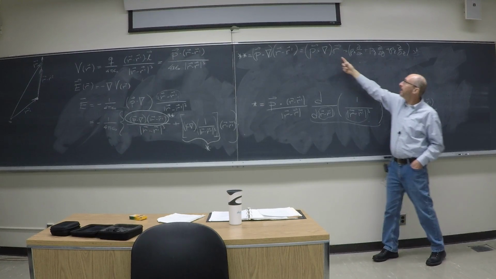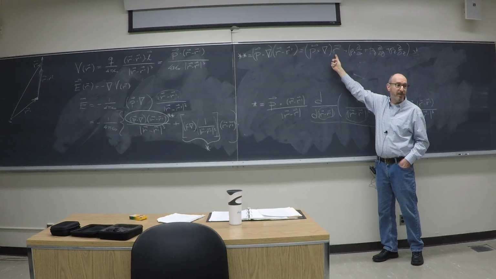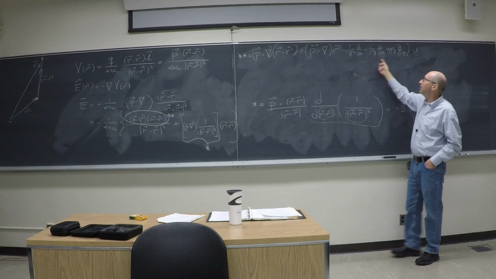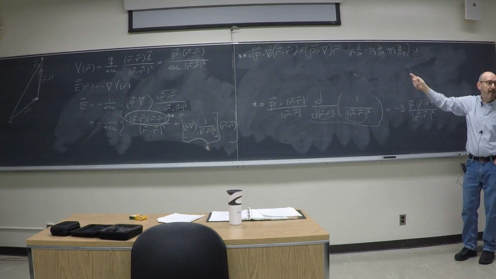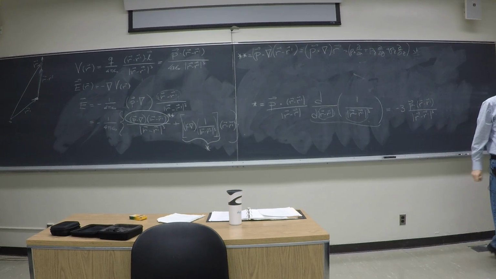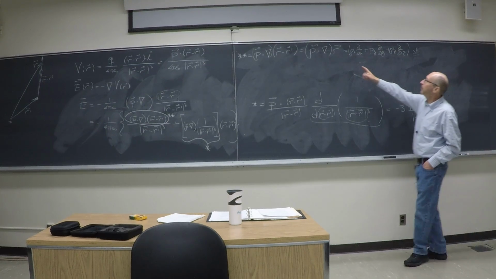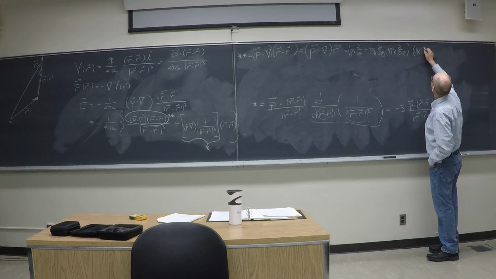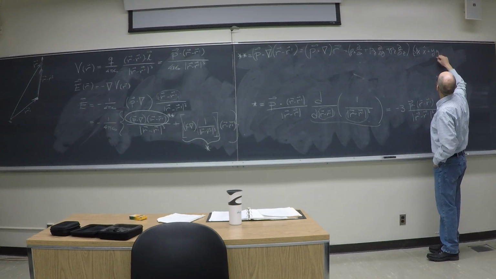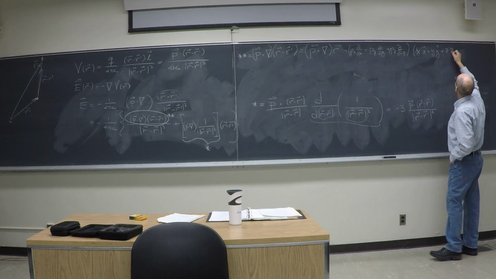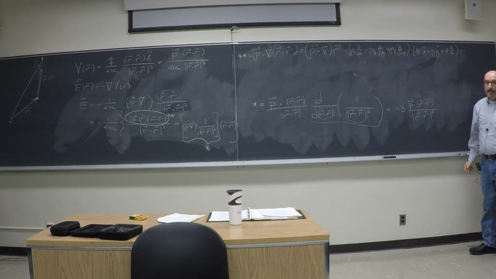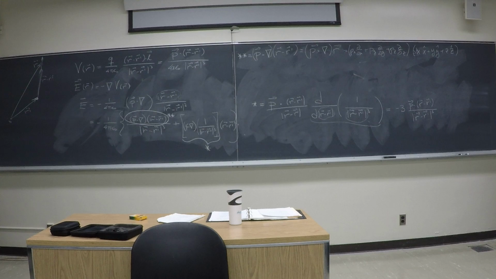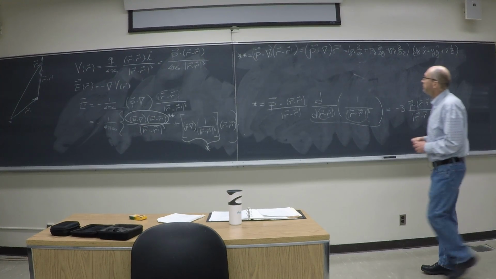Now I'm going to deal with this thing, which I, in principle, don't yet know what it is. If I wasn't able to write it formally like that, it would be more work. That's what R is, by definition.